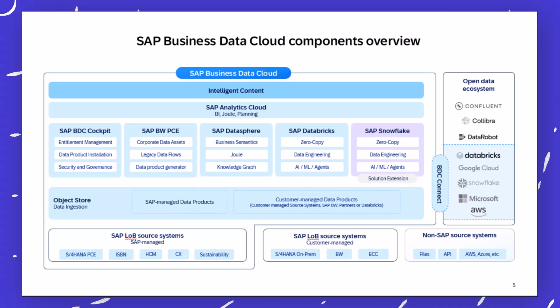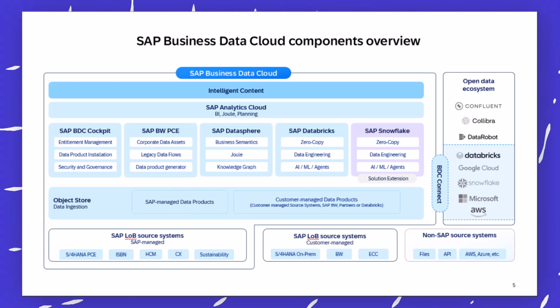Now coming to the data ingestion layer. The data ingestion layer is predominantly an object store. It is again of two types: one is a SAP managed object store and the second one is a custom managed object store. In this object store, the data comes in the form of data products. That's why we call them SAP managed data products.